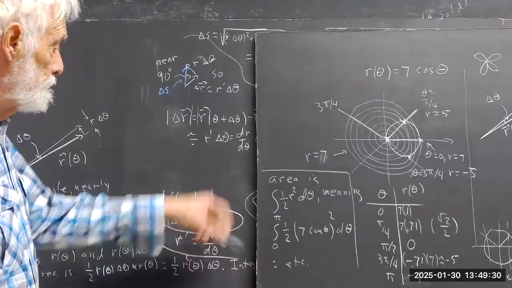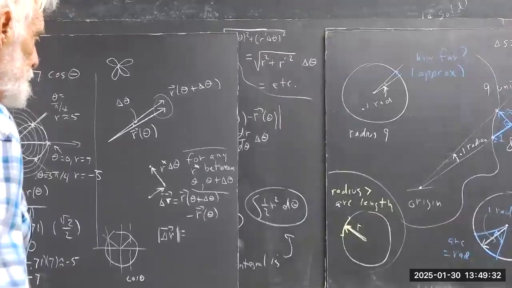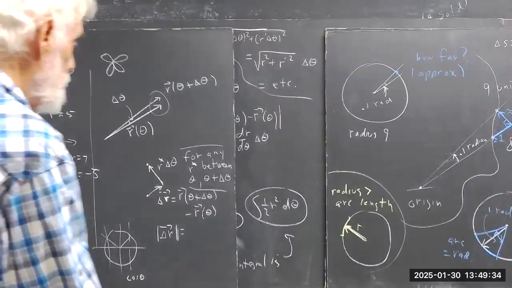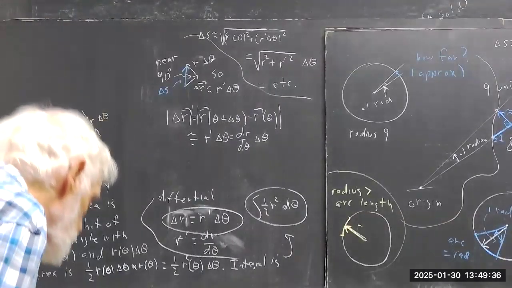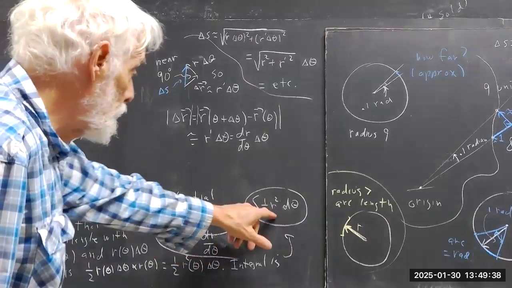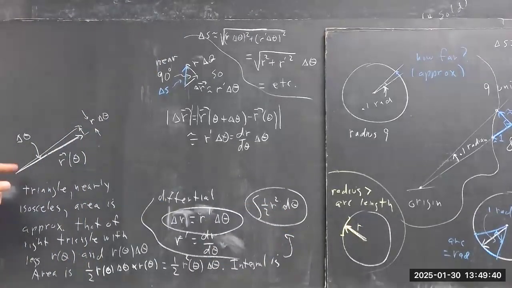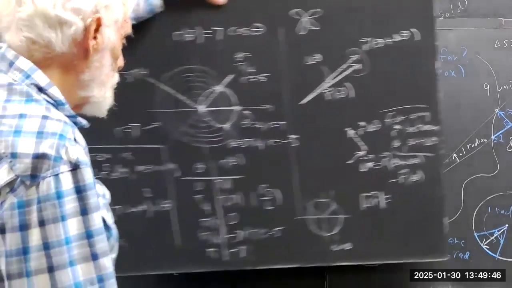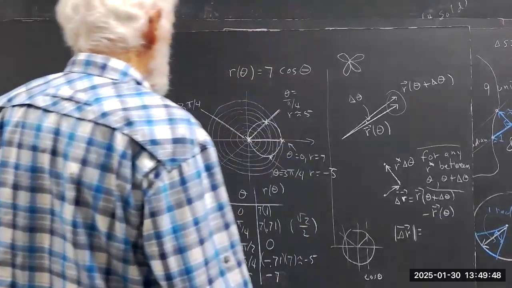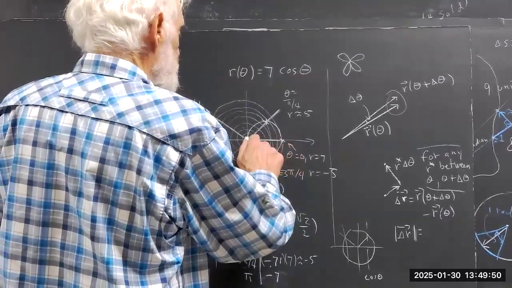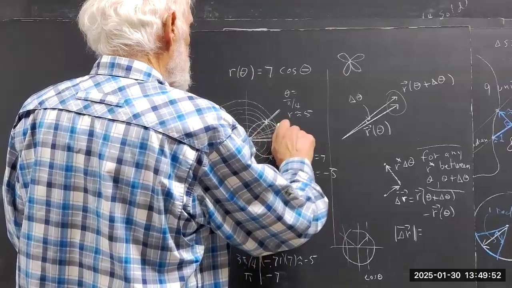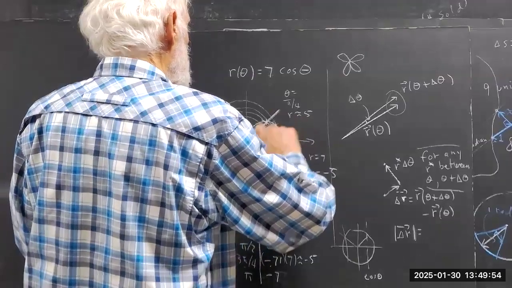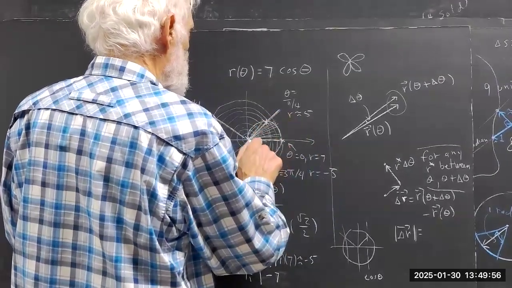We're just adding up all the 1/2 r squared d thetas, which correspond to the areas of all the little approximate triangles you get when you divide up this region into a bunch of triangles.